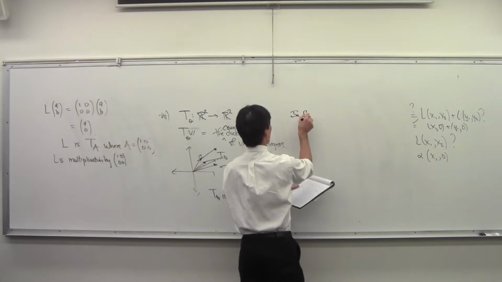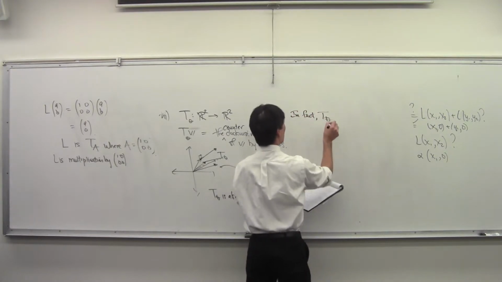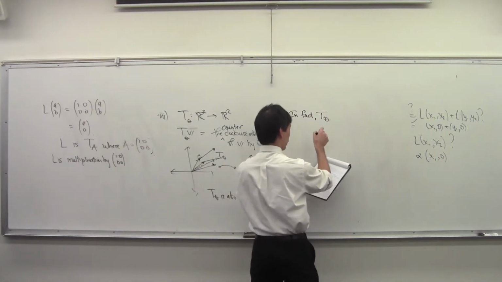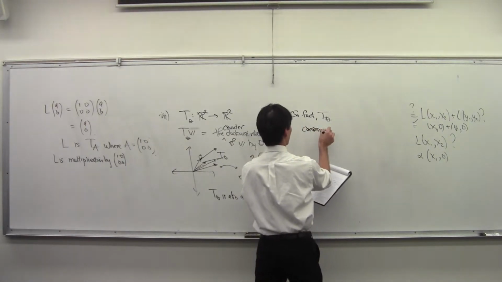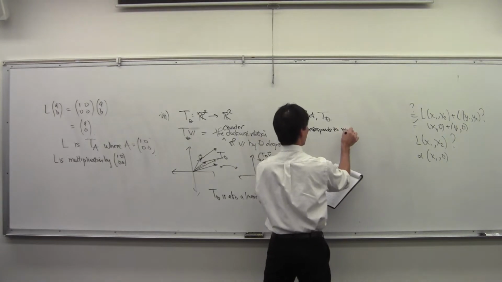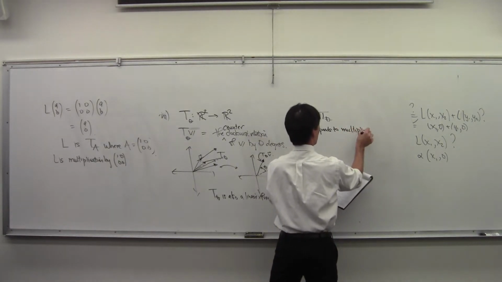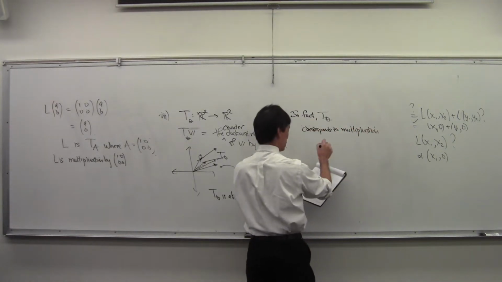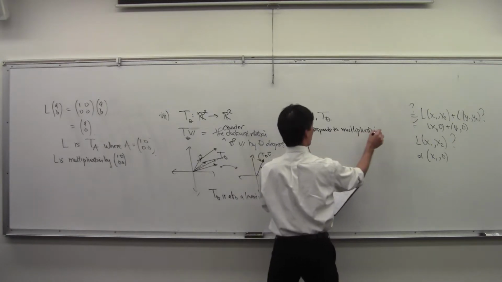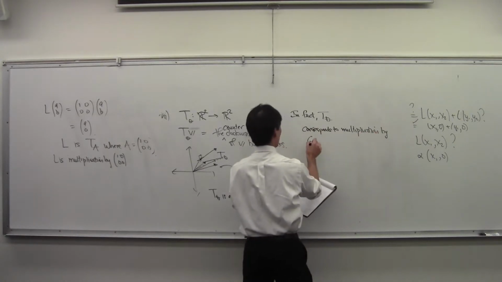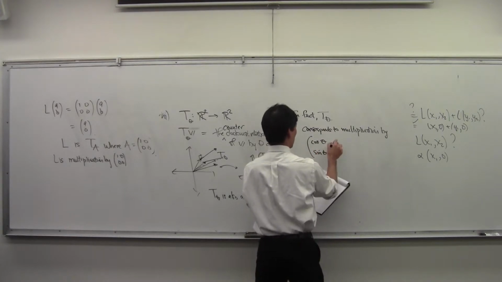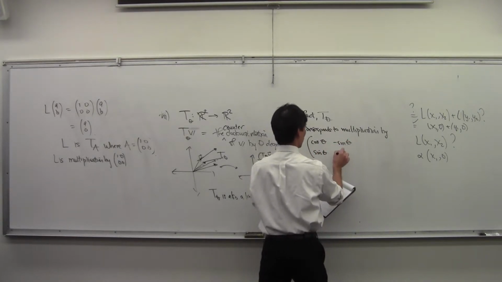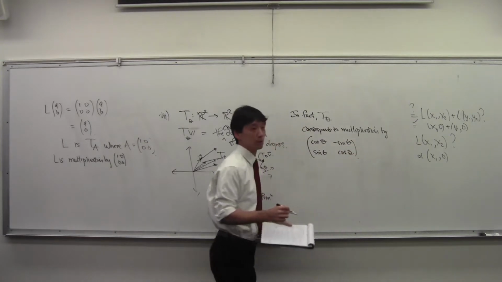In fact, T sub theta corresponds to multiplication by a matrix. I'm not going to explain this, but I'm just going to say it. T theta corresponds to multiplication by the matrix cosine theta, sine theta, negative sine theta, cosine theta.